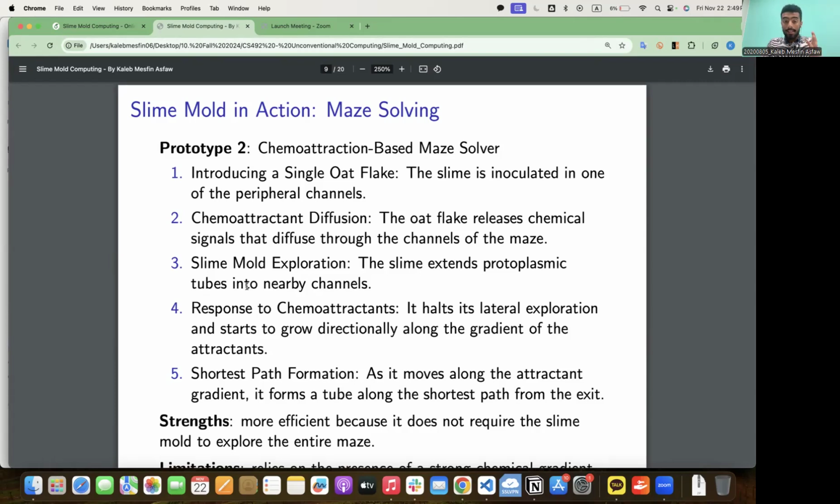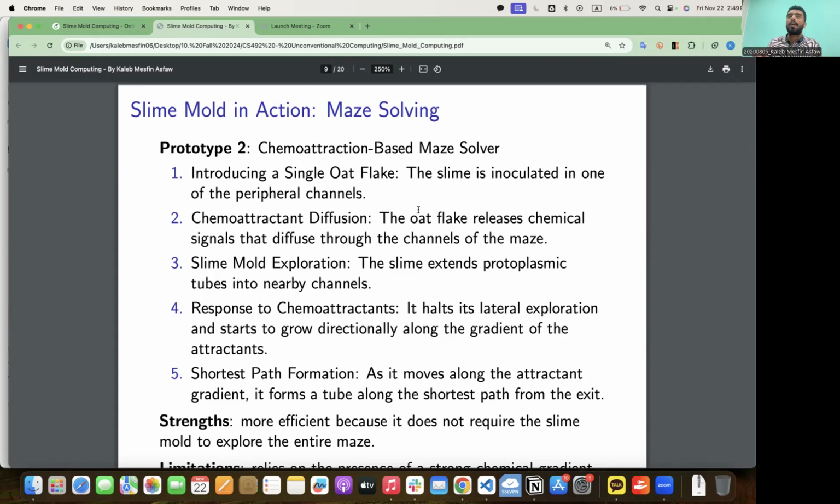So in this second prototype, it doesn't distribute itself, it utilizes chemoattractions. Same thing, the slime mold will be introduced in one of the exits of the maze. Then the oat flake releases chemoattractants.